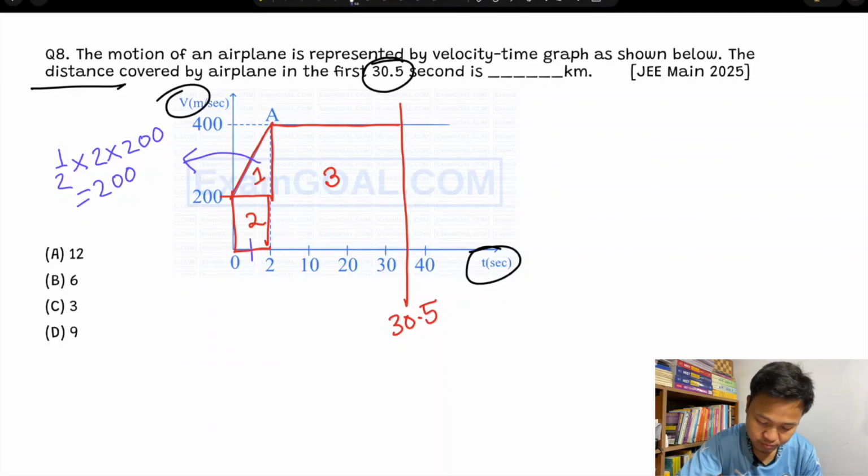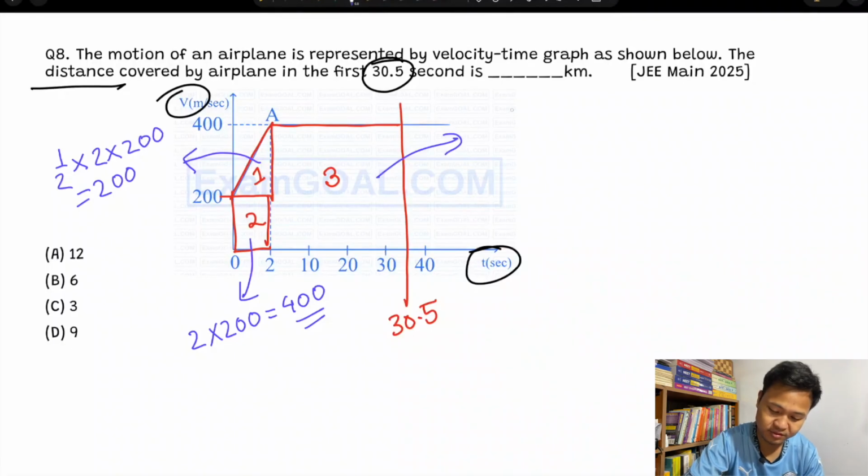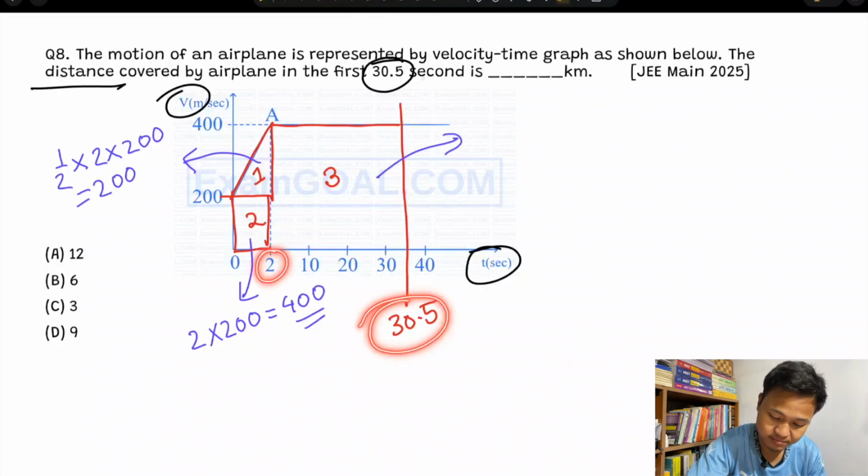For the second part, it is a rectangle, length into breadth, so 2 into 200, so this is 400. Okay, now the third one is the big rectangle, up to 30.5, so how much is this?